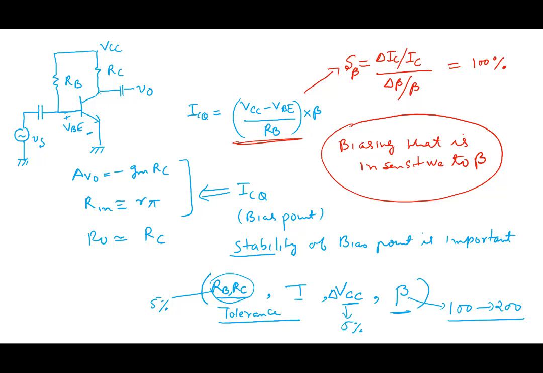All right. Now, the problem with this particular circuit, let me redraw this circuit for you. Let me just draw here RC and RB. So we said S beta is equal to 100%.